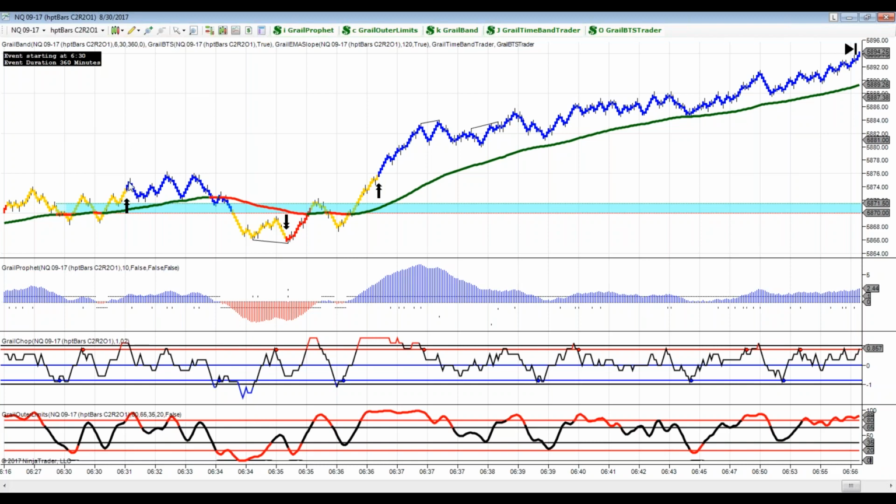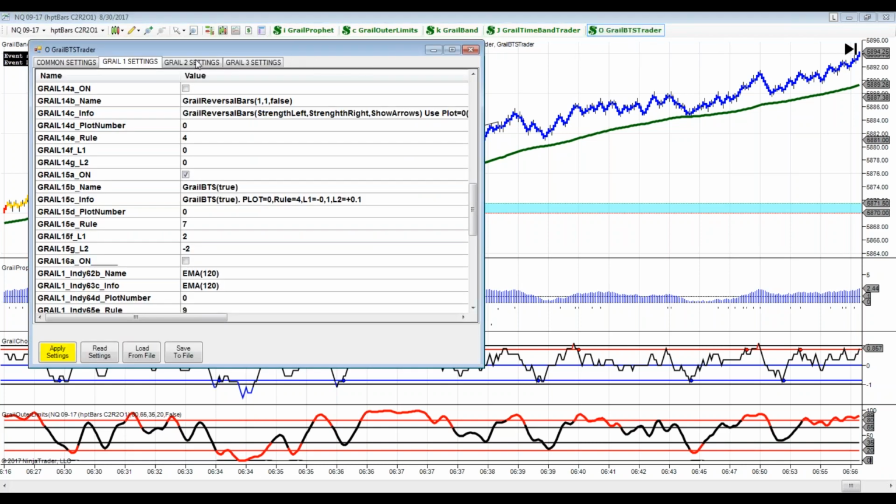Okay, and as I indicated, a Grail 1 trade, especially with the BTS set at 2 and -2, 50% of the time it's going to come back and get your stop. So to me, it's just harder to trade. Okay, so that's the default coming out.